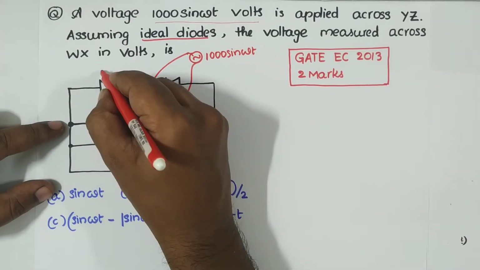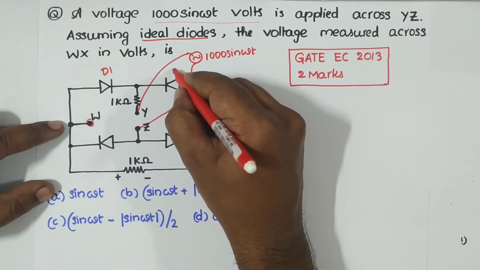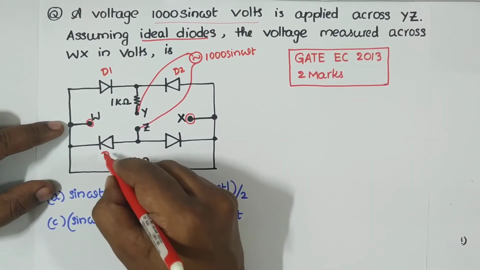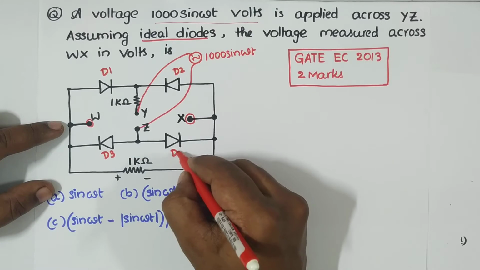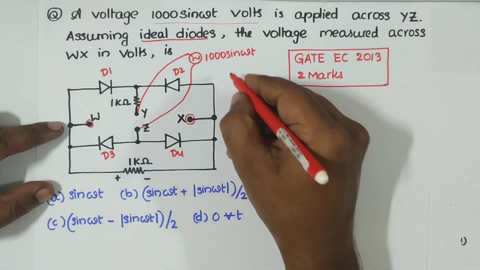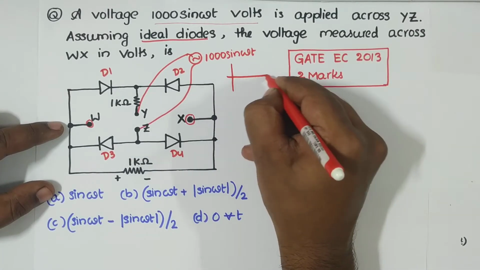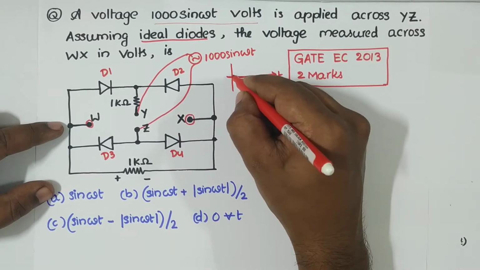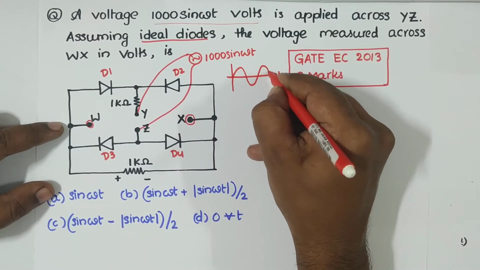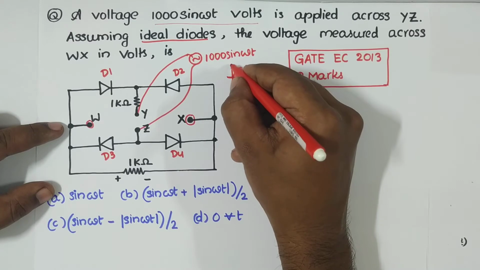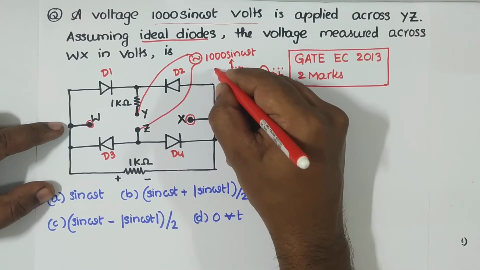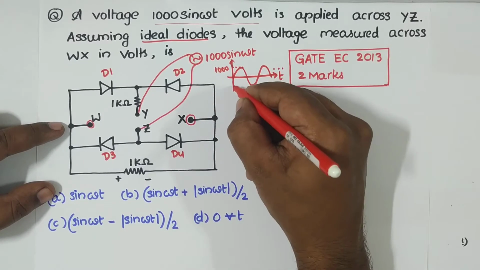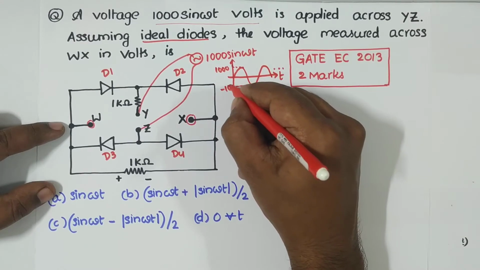It's very simple. Let us label the 4 diodes as D1, D2, D3 and D4. 1000 sine omega t we take for positive time. So you have it like this, and this peak is 1000 and this is negative 1000.